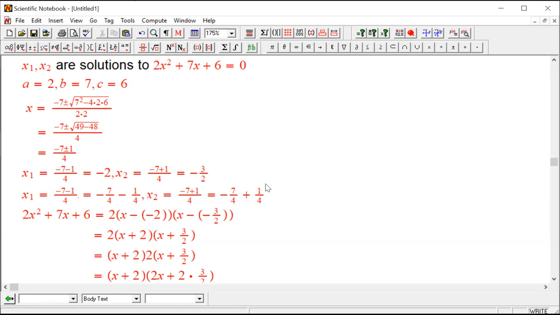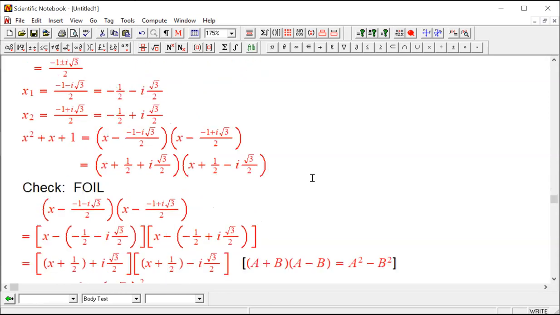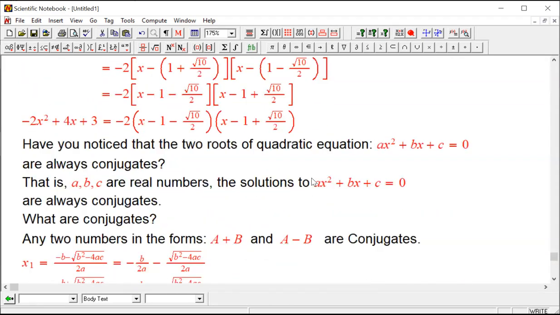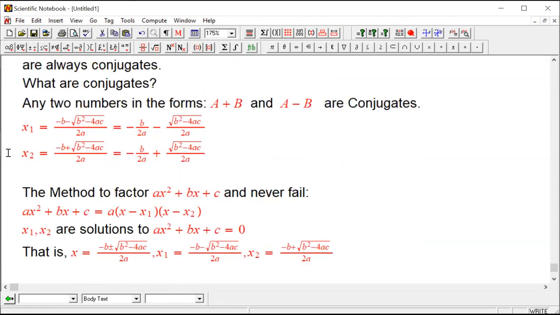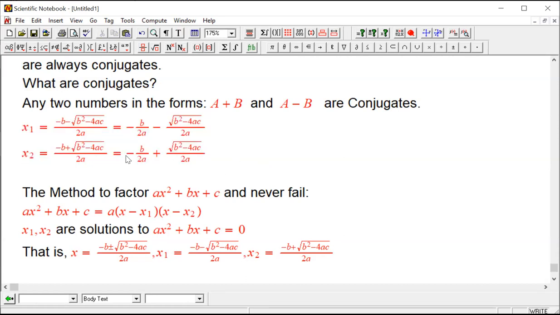In that way, they are conjugate to each other too. It's just not as obvious. All of these relationships are embedded in the quadratic formula.